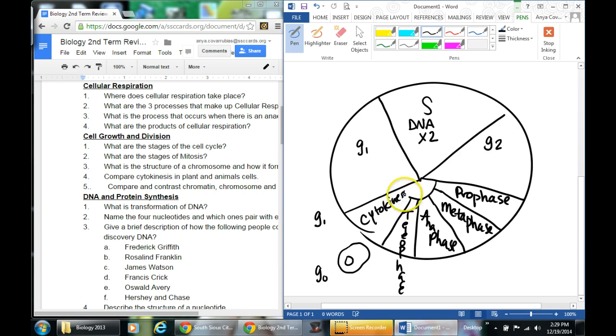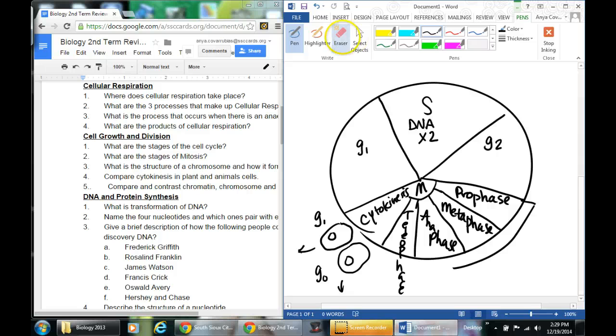And cytokinesis is actually where it's going to split. So this is called the M stage right here. So it's G1, S, G2, and M stands for mitosis, and these are the 4 steps of mitosis. At the end of cytokinesis, we should have 2 genetically identical daughter cells, and then these two will both go into a cell cycle of their own.